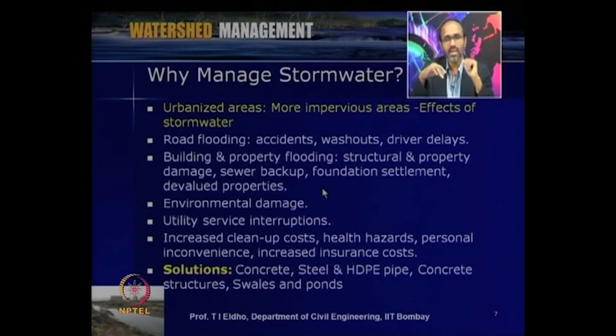After the rainfall, if these things are not done properly, many areas will have a lot of mud and solid waste on the road and other places, so we have to spend more money for cleanup after the rainfall events. And then related health hazards, personal inconvenience, and increased insurance costs. All these are major issues related to stormwater if we do not appropriately manage it.